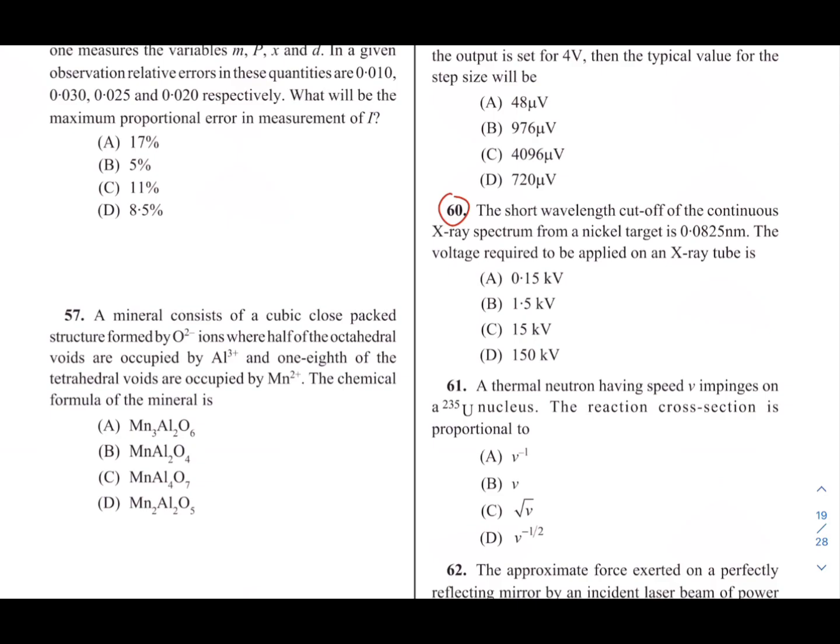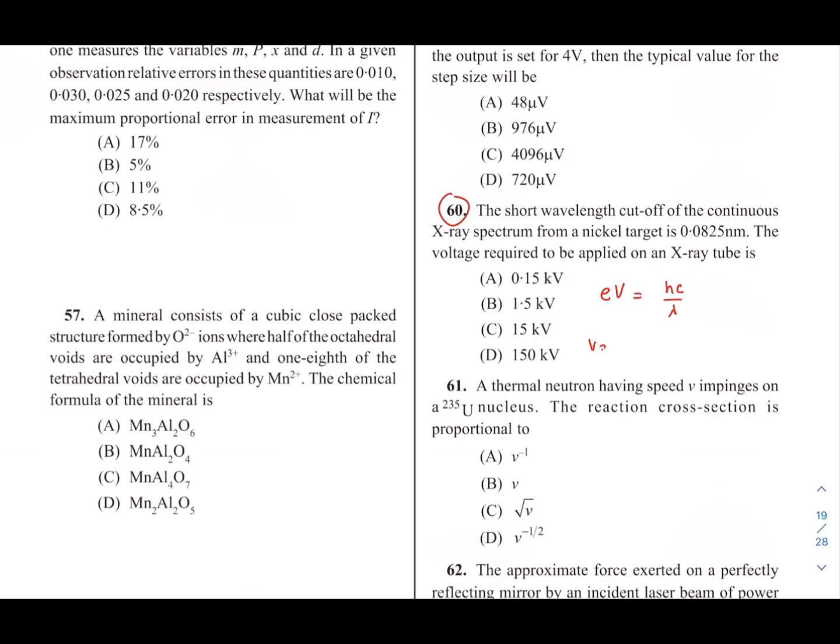That happens when the entire kinetic energy of the electron is transferred to the X-ray energy. So in that case, the electron energy is equal to e times V, where V is the voltage difference across the X-ray tube, is equal to hc by lambda. That's the energy of the X-ray.